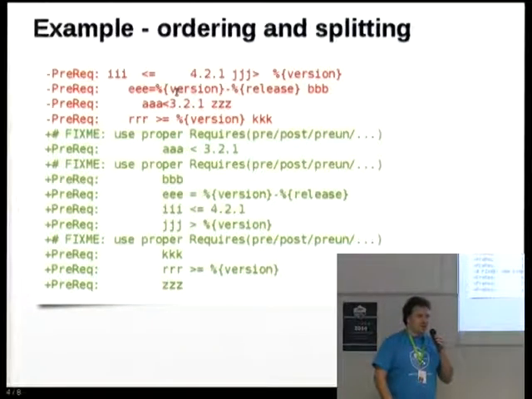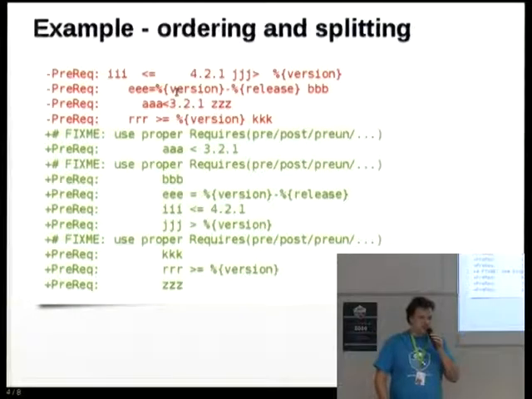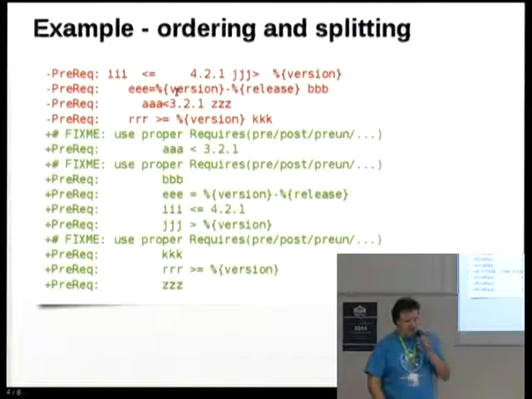So next time when you add a new dependency, there will be only one line changed, and you will very easily spot the difference. And it also puts FIXME comments there that you should get rid of. It's not supported anymore, and you should use requires pre and requires post and stuff like that. That's one of the examples.